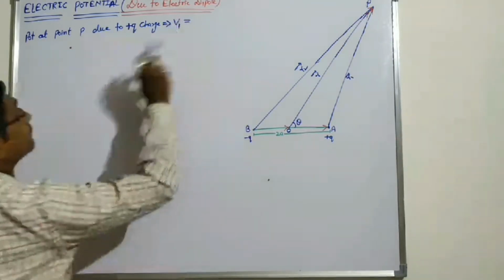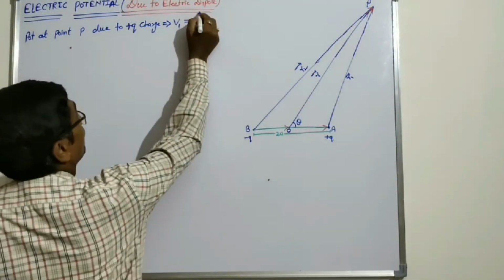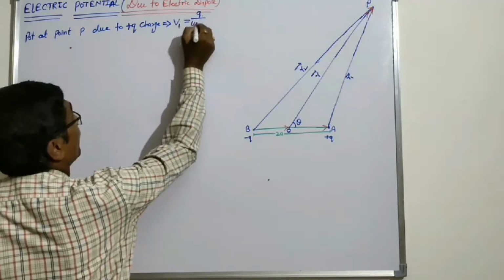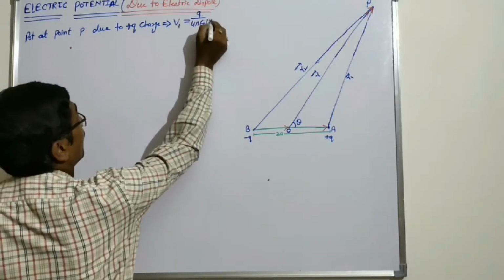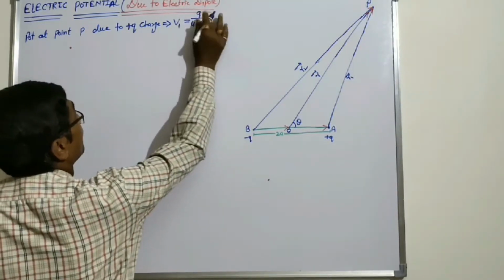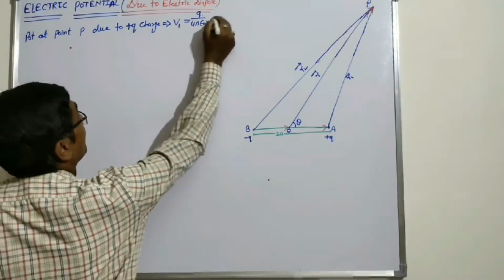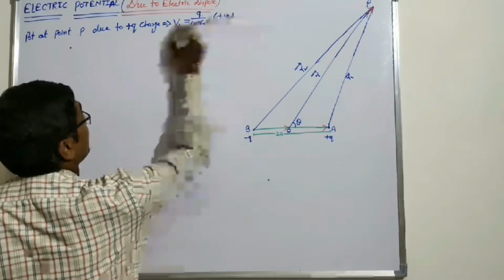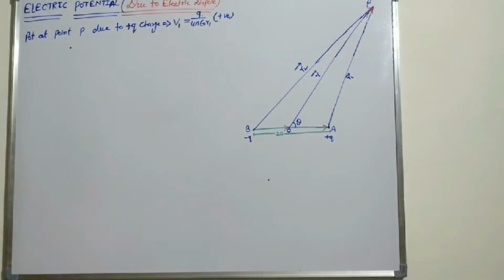This is equals to V1 is equals to Q upon 4 pi epsilon naught R1. And this potential is positive because charge is positive.